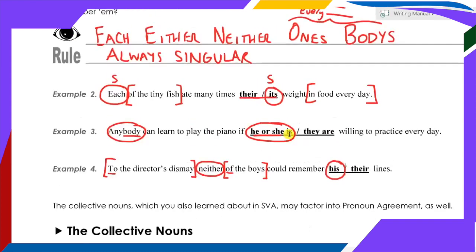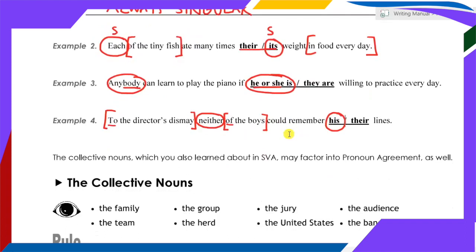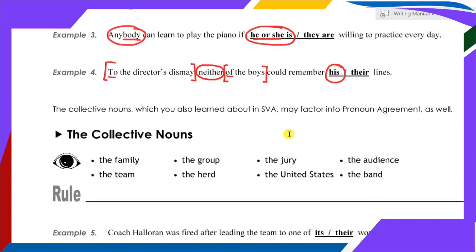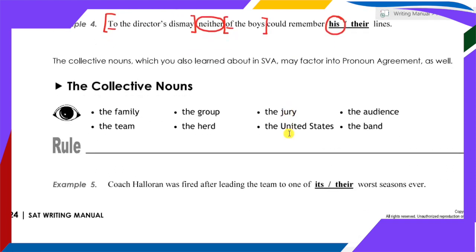Once again, enobs are always singular. If you see a pronoun referring to an enob, that pronoun must also be singular in order to agree with the enob. Collective nouns. We also saw collective nouns in subject-verb agreement, and what did we learn about them there? We learned that they, like the enobs, are always singular.